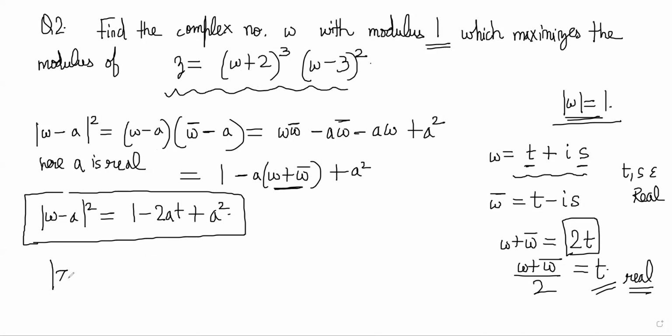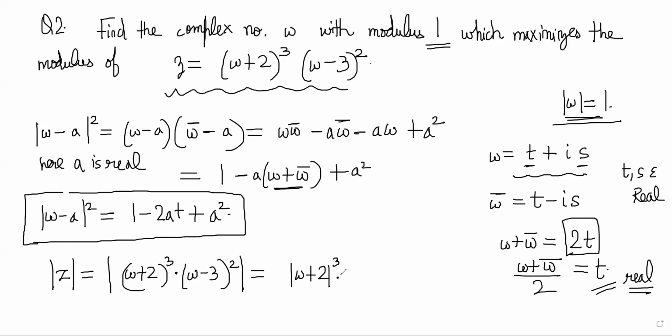So if you think about the mod of z right now, mod of z would be mod of w plus 2 whole cube times w minus 3 whole square, which is the same as saying mod of w plus 2 whole cube times mod of w minus 3 whole square, right? Now think about it. We know mod of w minus a whole square is this, where a is a real number.